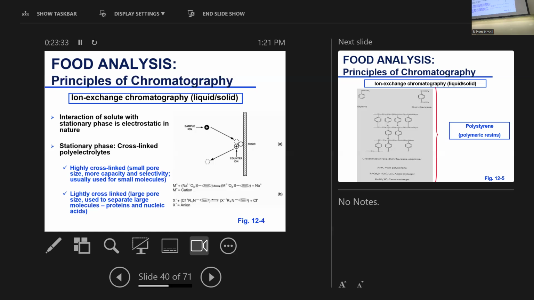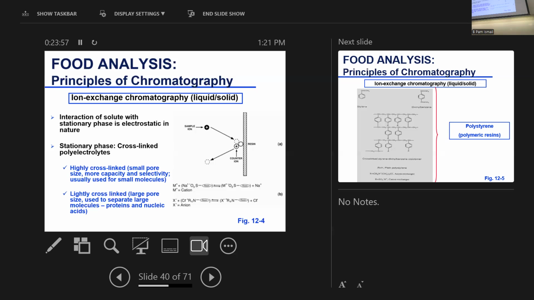Okay, so you have cation, anion. Notice you have ion exchange. Cation exchange, anion exchange. Now tell me what that means.